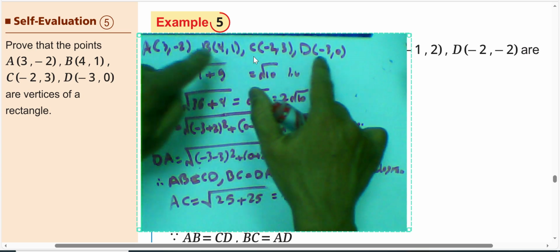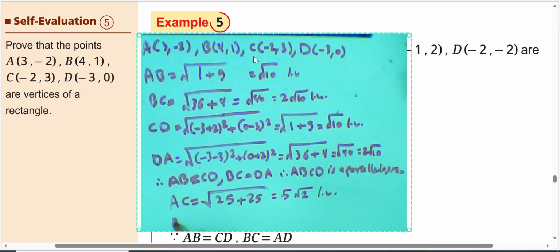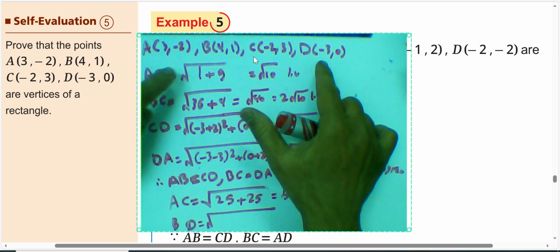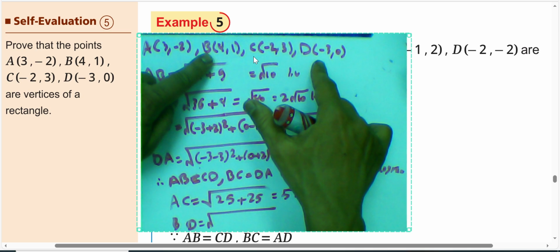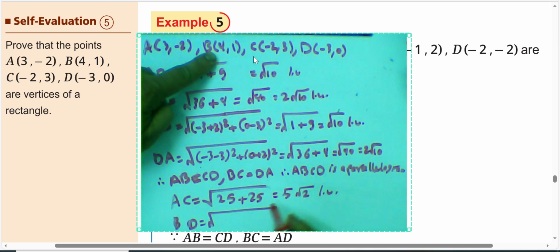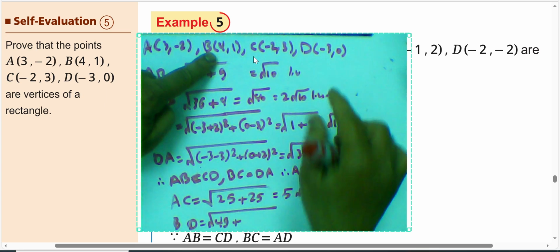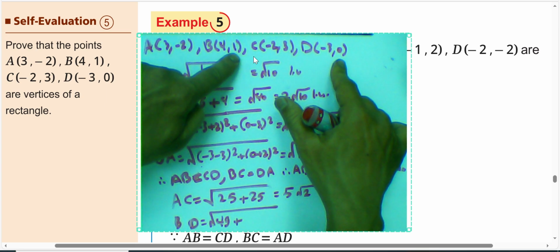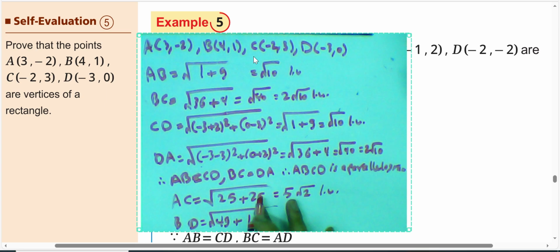And what about BD? We found AC, now we can find BD. B and D here. Negative 3 minus 4 power 2. Negative 3 minus 4, negative 7. Negative 7 power 2, 49. Plus 0 minus 1, negative 1 power 2, it will be 1. The result will be square root of 50. The same here, 5 root 2.